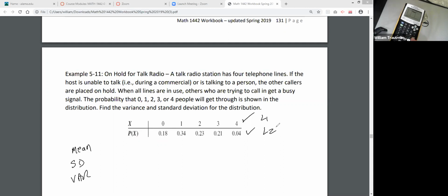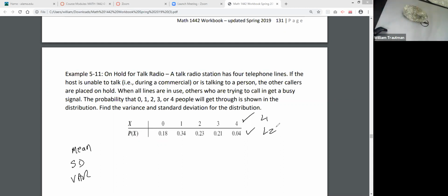In the second one, I have 0.18, 0.34, 0.23, 0.21, and 0.04.